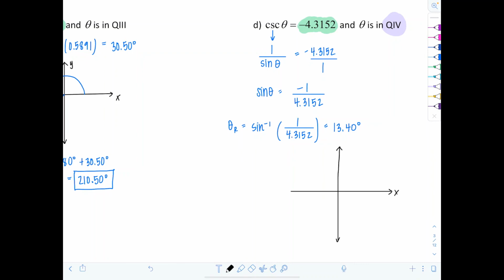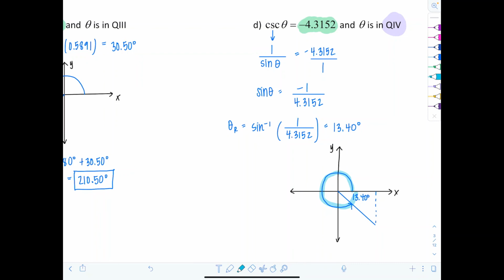So here's positive x-axis, positive y-axis. We have to end up in quadrant 4. So you're going to go round and around and around and around, and we stop short right here, somewhere over here. Okay? In here is my reference angle, the 13.40 degrees. Had we gone all the way around and made one complete revolution, that would be 360, yes?